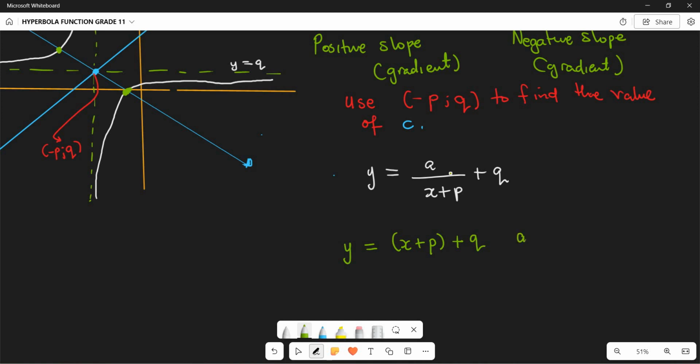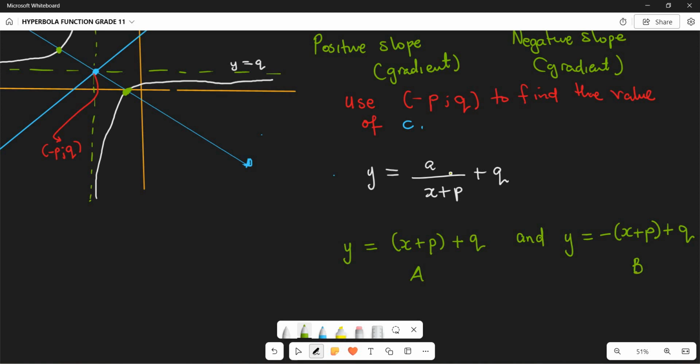Then the other one, Y is equal to negative, open bracket, X plus P, plus Q. This will give us the other part with the negative slope. Note, this is our A graph with a positive slope, and this is our B graph with the negative slope.